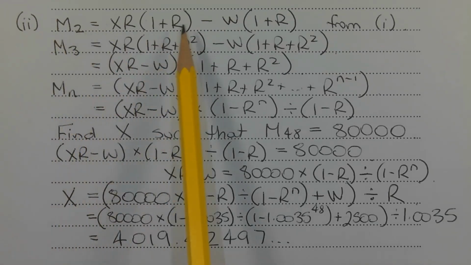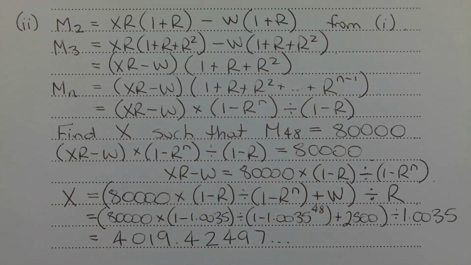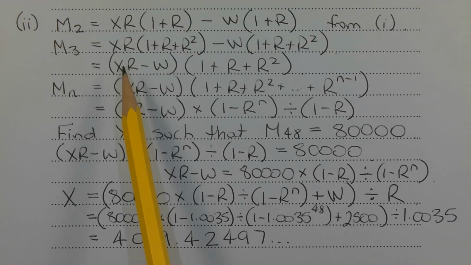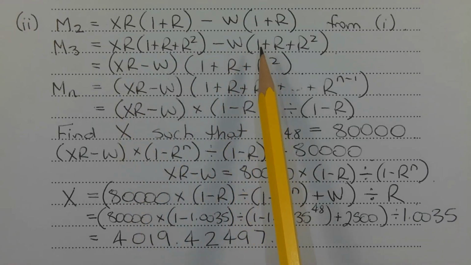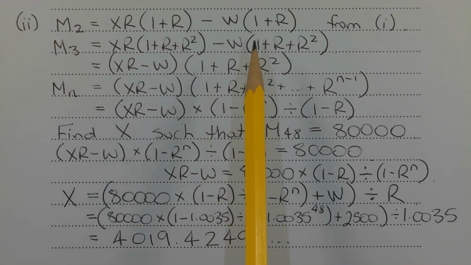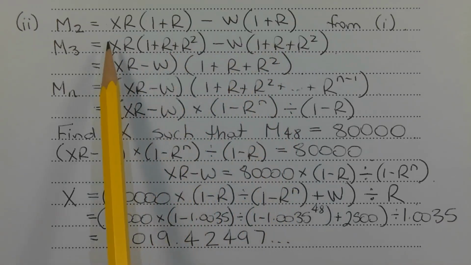And if M2 is this, then extending the pattern to the next month, we get M3, which is the amount in the account at the end of the 3rd month, is equal to XR(1 + R)^2 minus W(1 + R)^2. Now notice that we have the same factor in both of these terms.